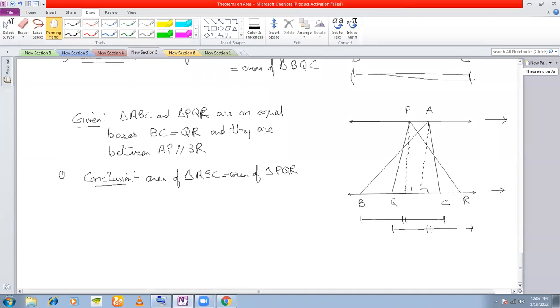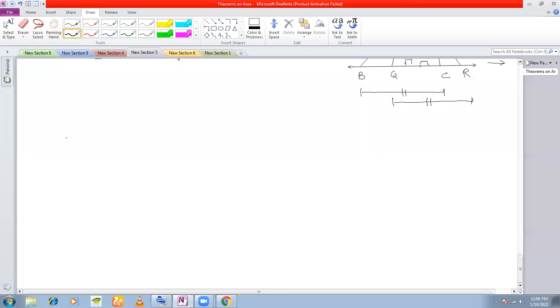Okay, now a deduction from this theorem. Important deductions. Corollary 1.